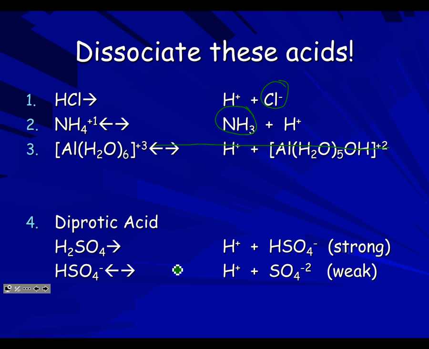Now, anytime you have more than one hydrogen ion, it can be referred to as polyprotic, diprotic, triprotic. It just refers to how many hydrogens are present. An interesting case here is sulfuric acid. Notice the arrow on sulfuric acid is one way in the first dissociation. But when we go to the second dissociation, now we're heading back the other direction because that's a weak acid.